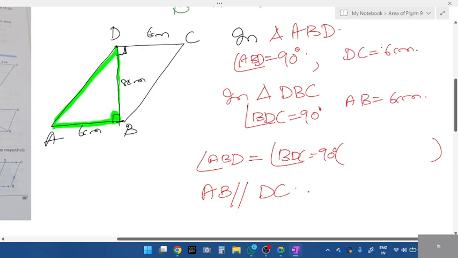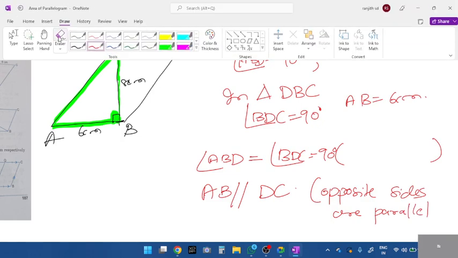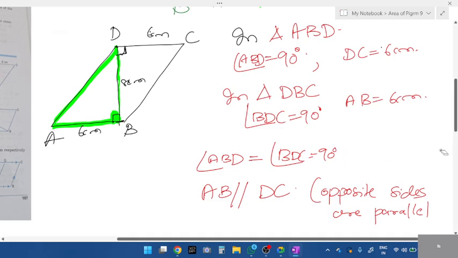Opposite sides are parallel now, right? What is the property of a parallelogram, students? Opposite sides should be parallel and what? Equal. Can you see two sides are equal? AB and DC. That is what you have to write and conclude.